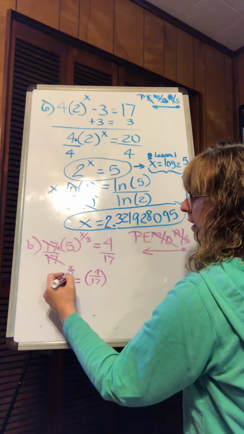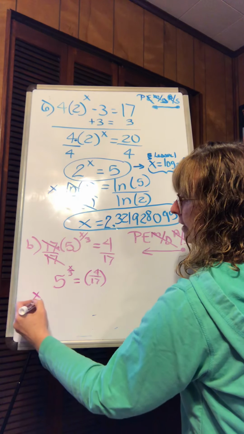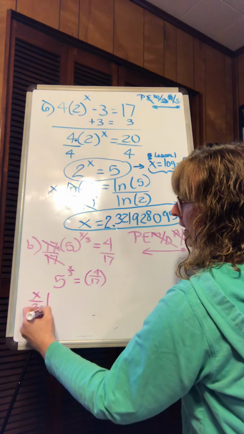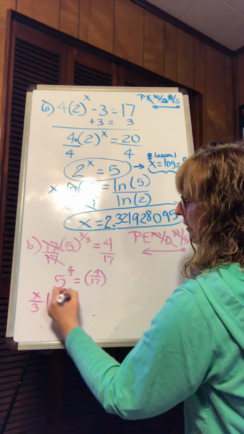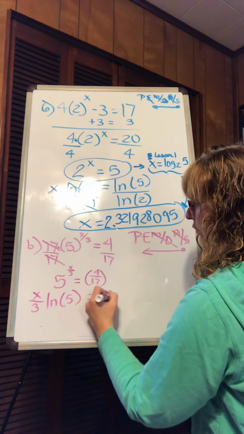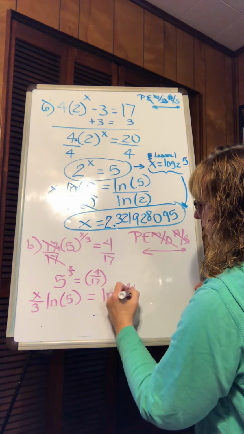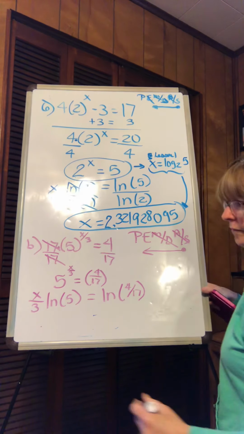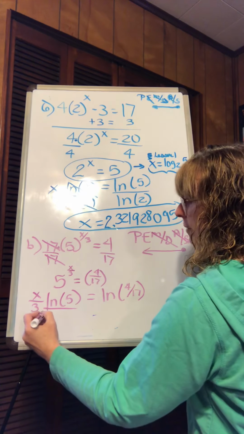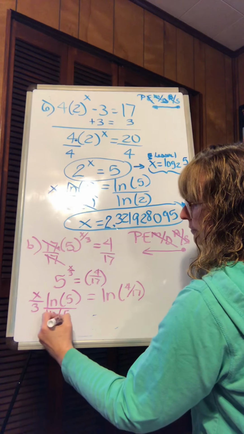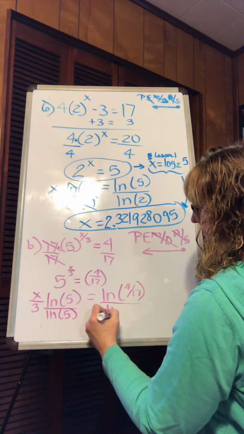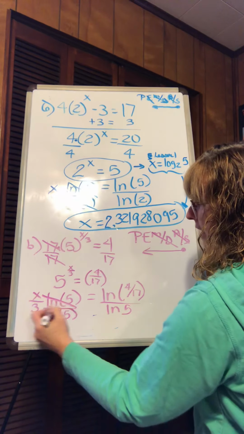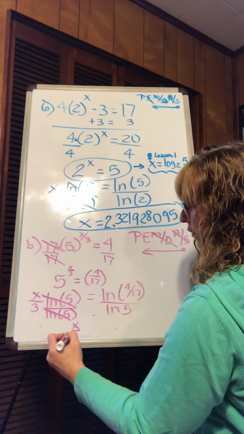If I put a log on both sides, I get x divided by 3, natural log of 5, is equal to the natural log of 4/17. And I'm going to divide by the natural log of 5. And here I have x over 3.